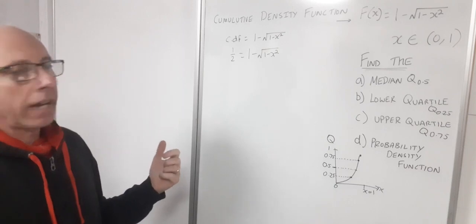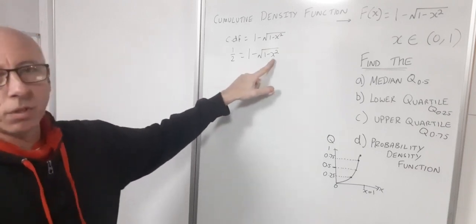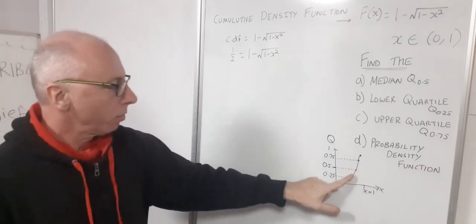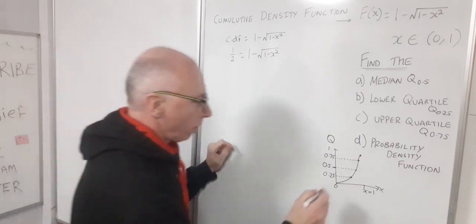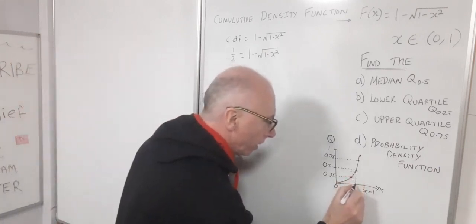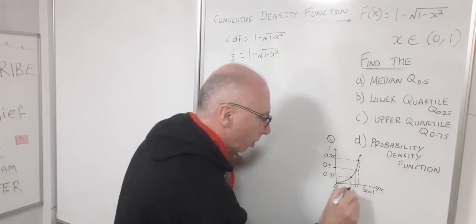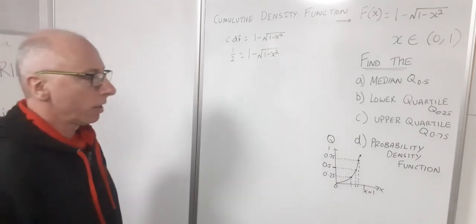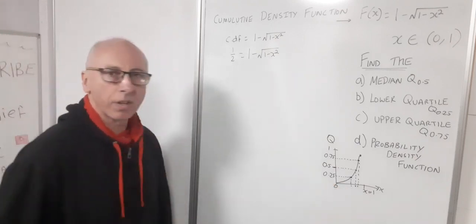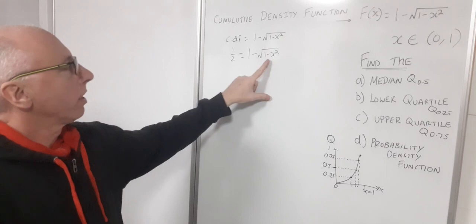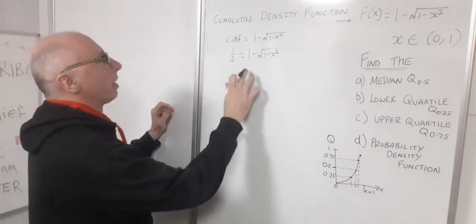All we need to do now is solve for x, and that will tell us where our point will be. What we're looking for is this value here for the lower quartile and our upper quartile there. They're the points we're looking for on x. Okay, so let's just solve for x.